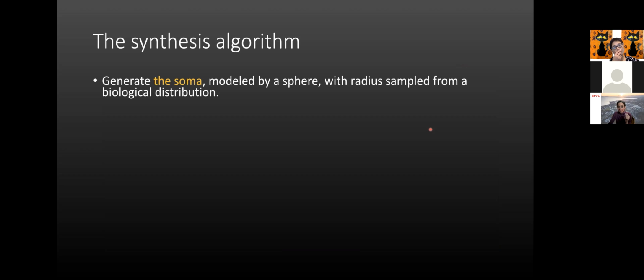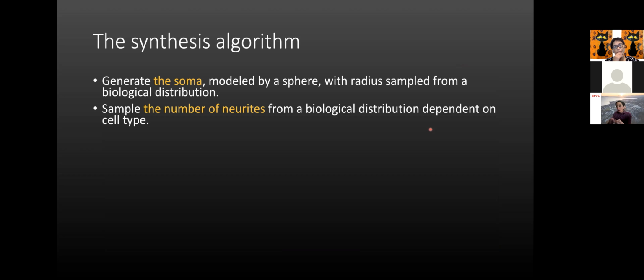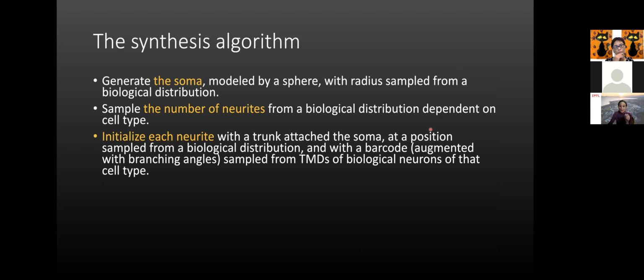So a little more detail about the synthesis algorithm. First, we need to generate the cell body. There's a way of sampling this. We model it just by a sphere. We sample from some biological distributions. We sample how many neurites, like how many dendrites, are actually going to grow out of this. And then for each neurite, we initiate it at a point that's determined again by some sort of distribution.